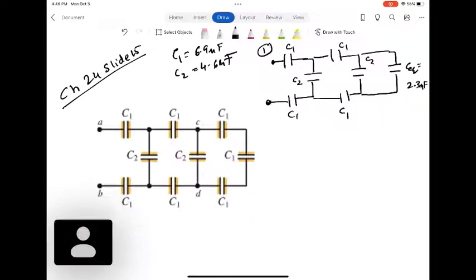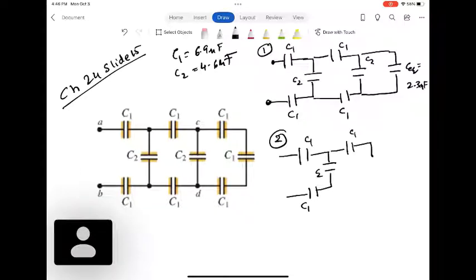All right, so now let's simplify one more step. So we've got C1, and we've got C2, and we've got C1 again. Then we've got C1, we've got C2. Notice that the last C2 and our C equivalent are in parallel, which means that they can be combined using the rule for equivalent capacitance for capacitors in parallel, which is you just add them.